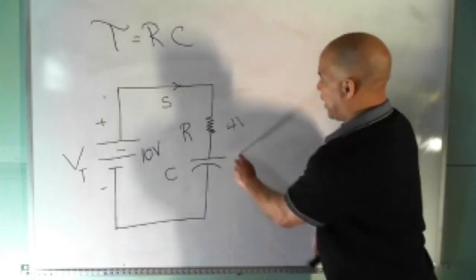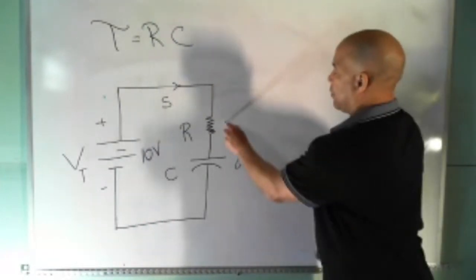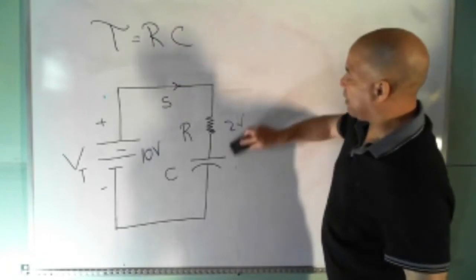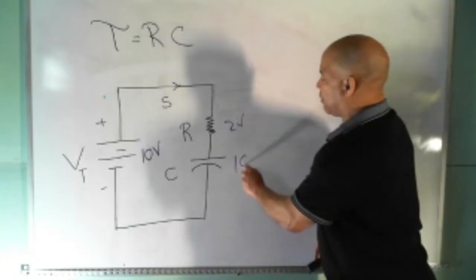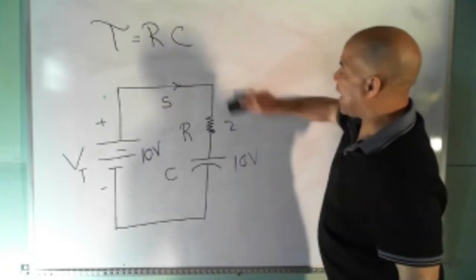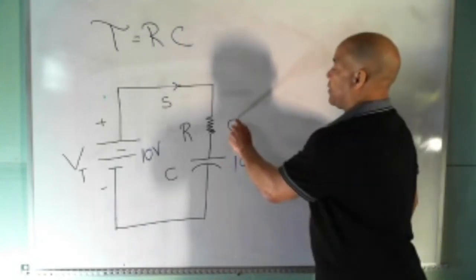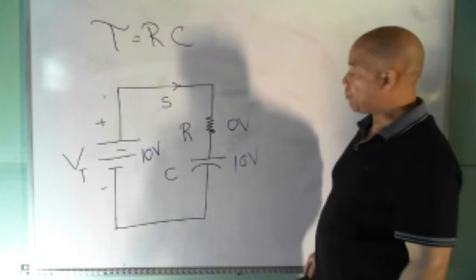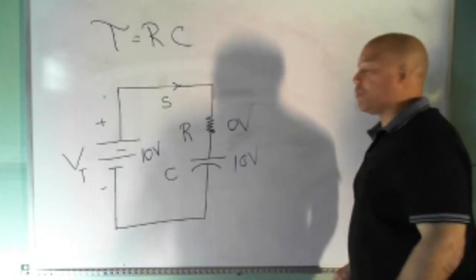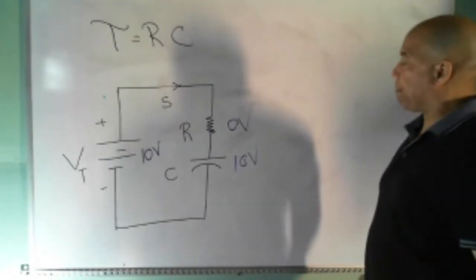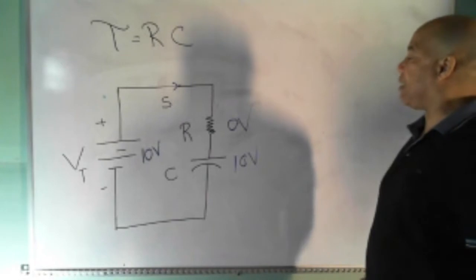This will reach 8 volts. This will be 2 volts. Eventually, this capacitor will reach 10 volts, and at that time, when the capacitor reaches 10 volts, it's fully charged, and the voltage across the resistor is 0 volts. So that's the first thing I want you to observe. Kirchhoff's voltage law applies here in this situation.